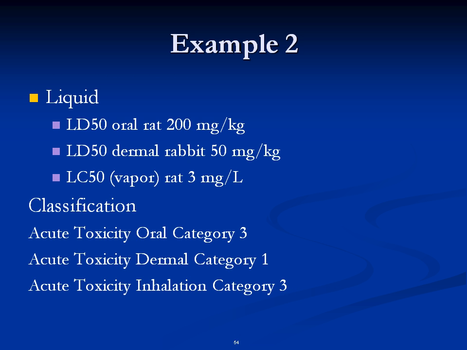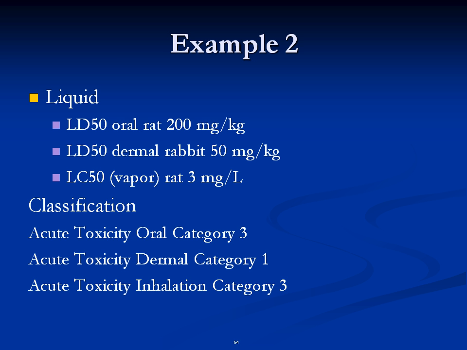Now here's another example. This is a substance. It's not a mixture, but it is toxic. It has toxic constituents. And so we have some data about the oral LD50 in rats and the dermal LD50 and the LC50 for vapor for this material.